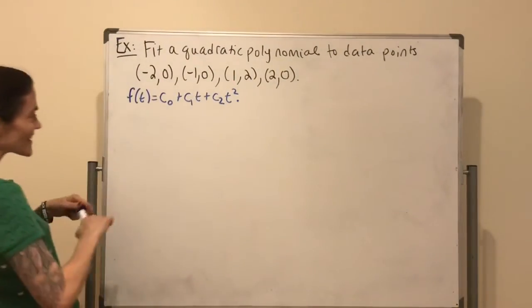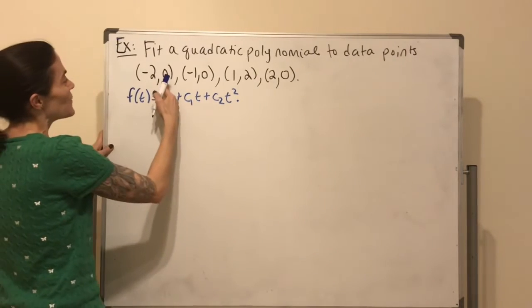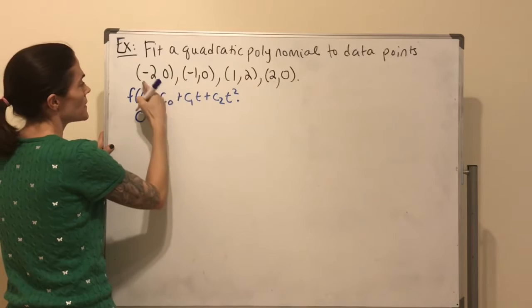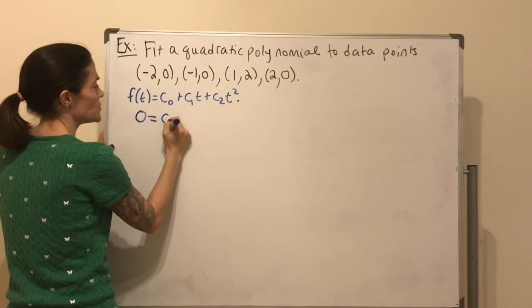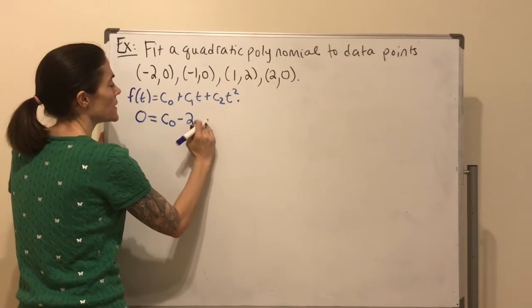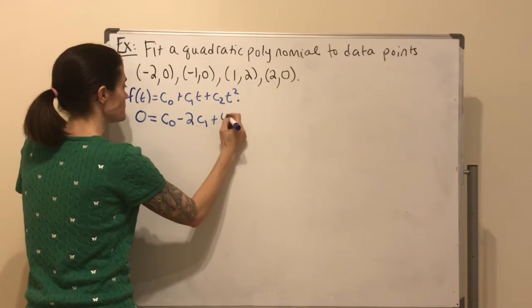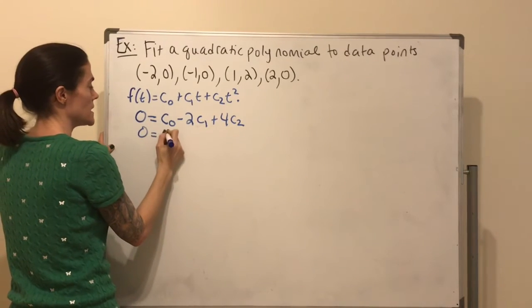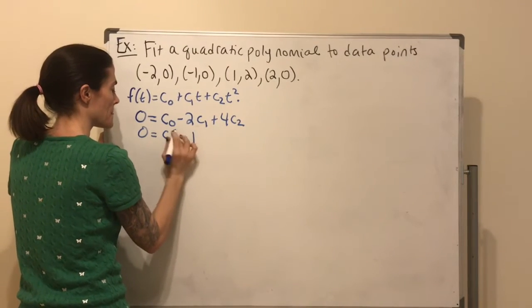Okay, so let's get started now. We'll use this point first. It says y equals 0 when t equals minus 2. So I get the following, not t, c1, excuse me. It says y equals 0 when t is minus 1.